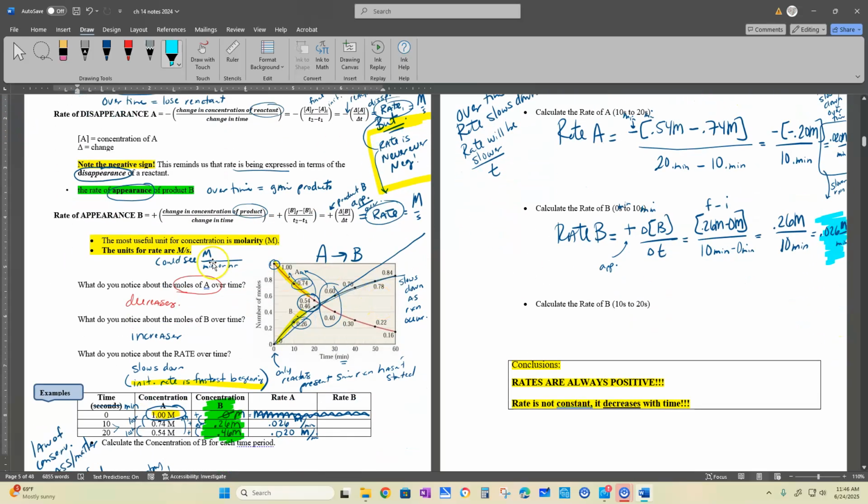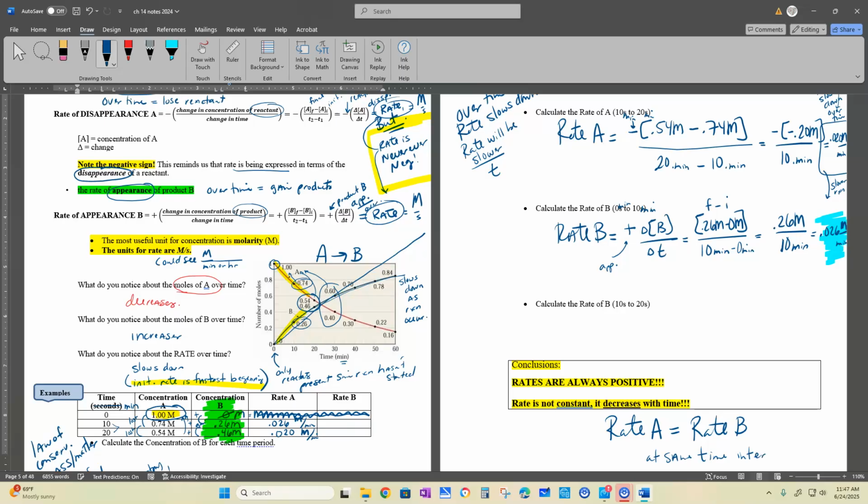This is why you have an expression called the rate expression. So over time, rate is not constant. It will decrease over time. But the rate of A will equal whatever the rate of B is at the same time interval.